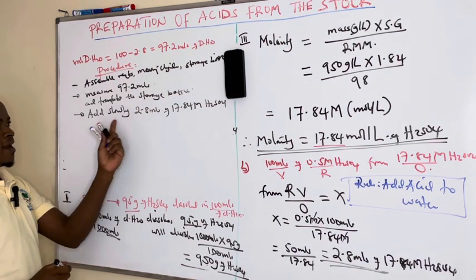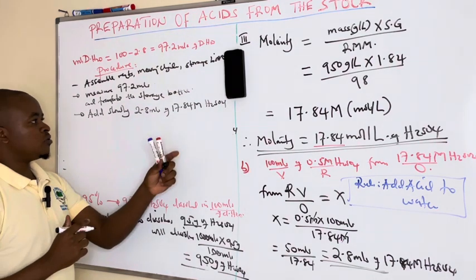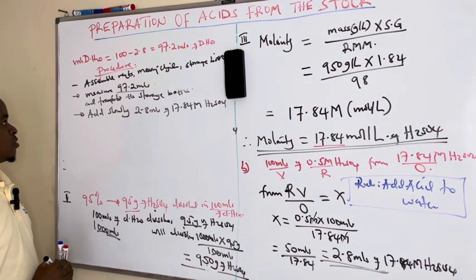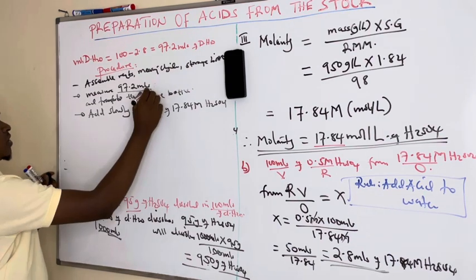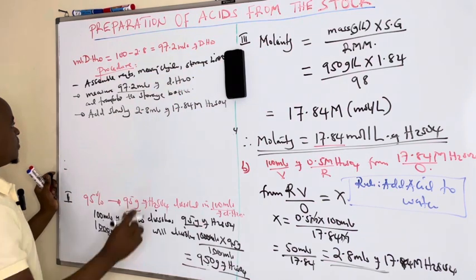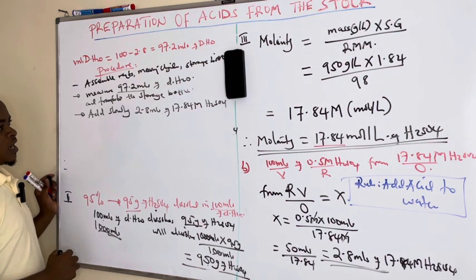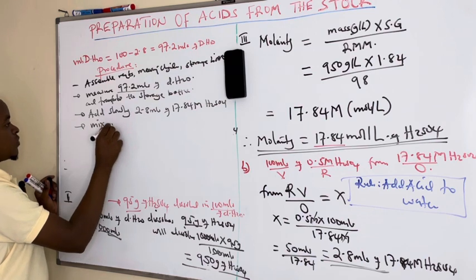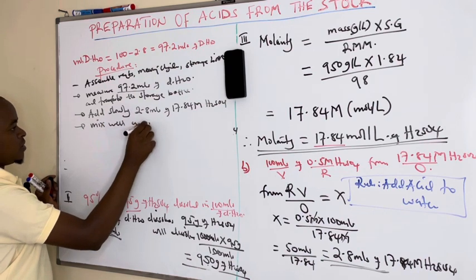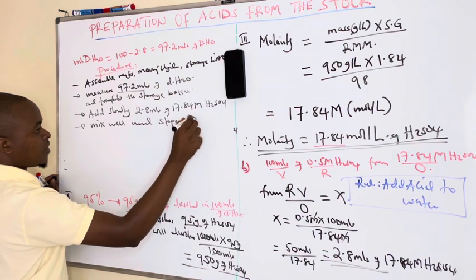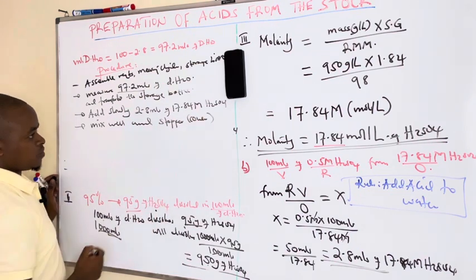You measure them and add them slowly into this 97.2 mils of distilled water. And after adding it, you mix well and stopper the container, or you cover the bottle.